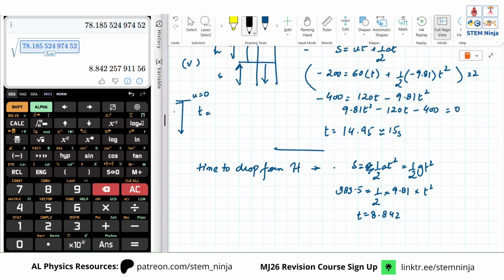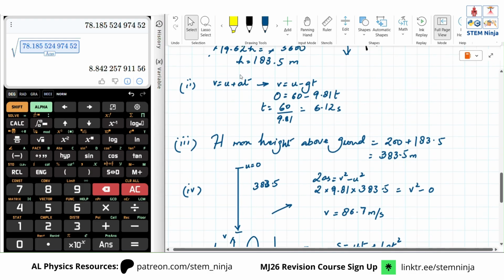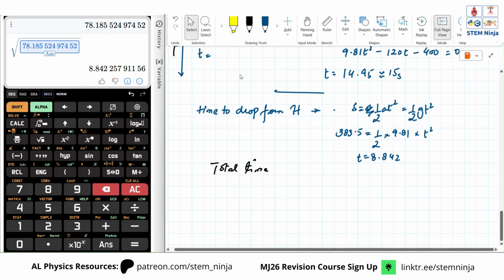But when we add the time to attain this, the total time would be 6.12 seconds plus 8.84.